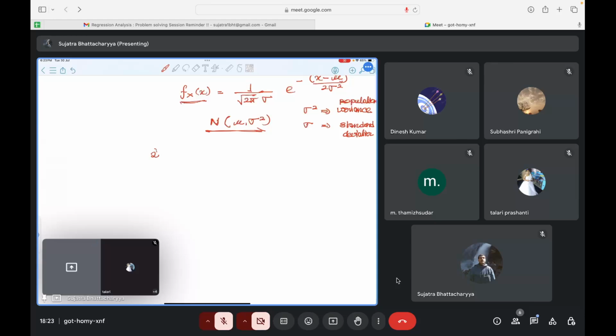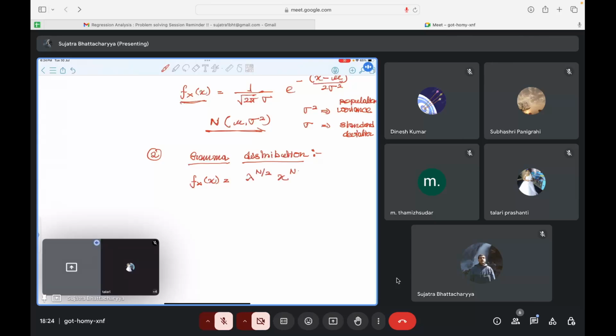Next is the gamma distribution. I don't think we will be using this in today's lecture, but it is important for understanding some more distributions. I'm just writing the distribution, not too important.